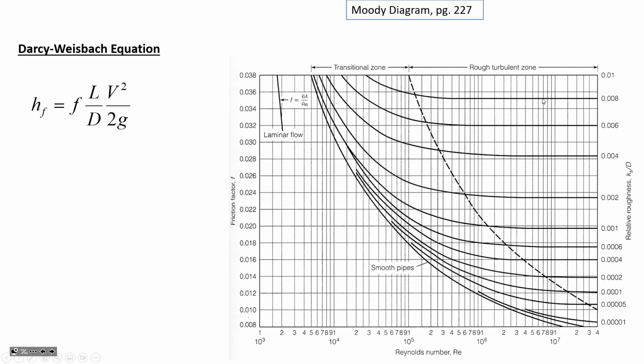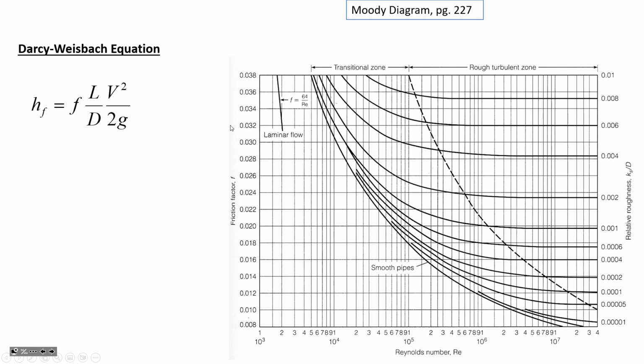What that's implying is that there's a certain threshold beyond which additional increases in Reynolds number isn't changing the friction factor at all. That's the rough turbulent zone. On the left-hand side of this dashed line, in the transition zone, is where the Reynolds number and also the relative roughness come into play for determining the friction factor.